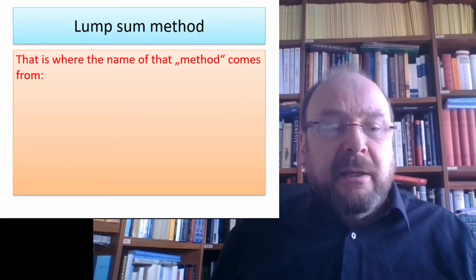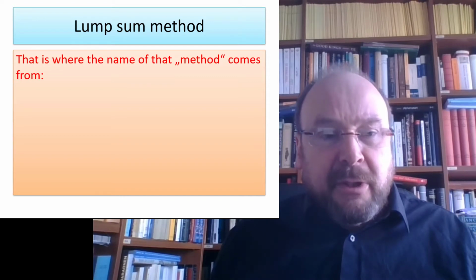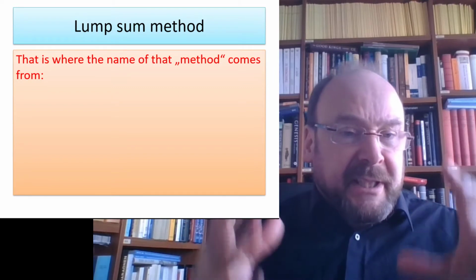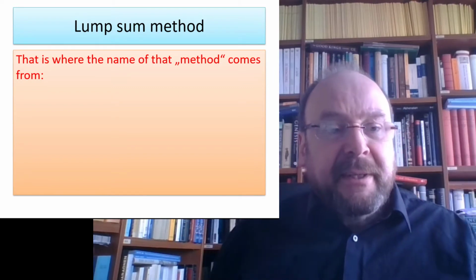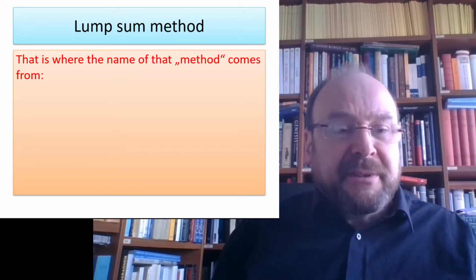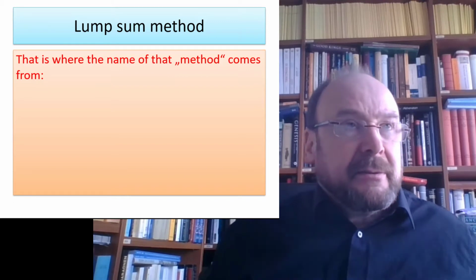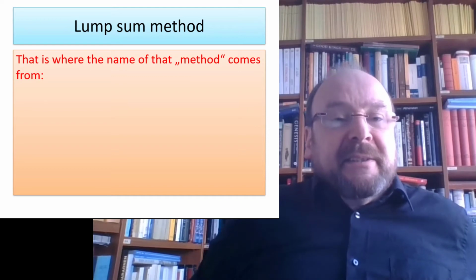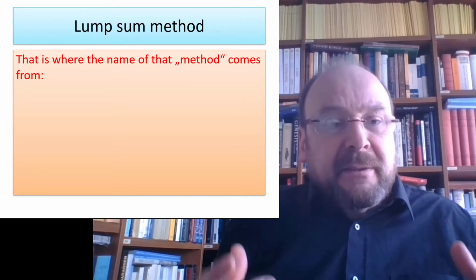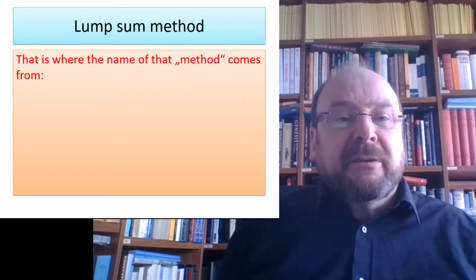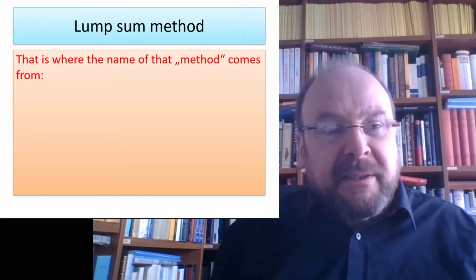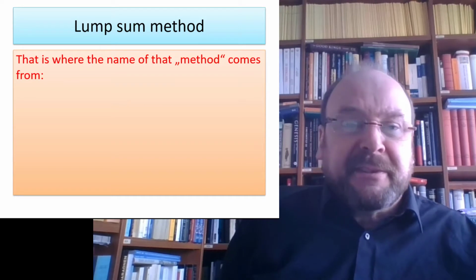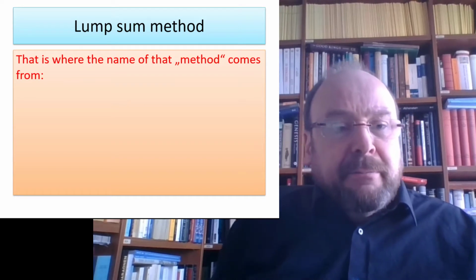So you do not pay then the regular amount, but you pay something else, usually less. That is where the name lump sum method comes from. The idea is, a lump sum payment is something where you deal with some complicated matter in a way that you make once and for all the payment and then all the claims of the other side are cancelled.